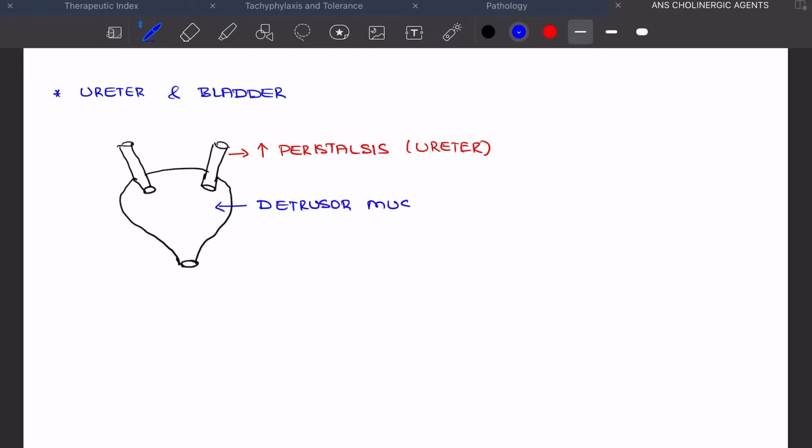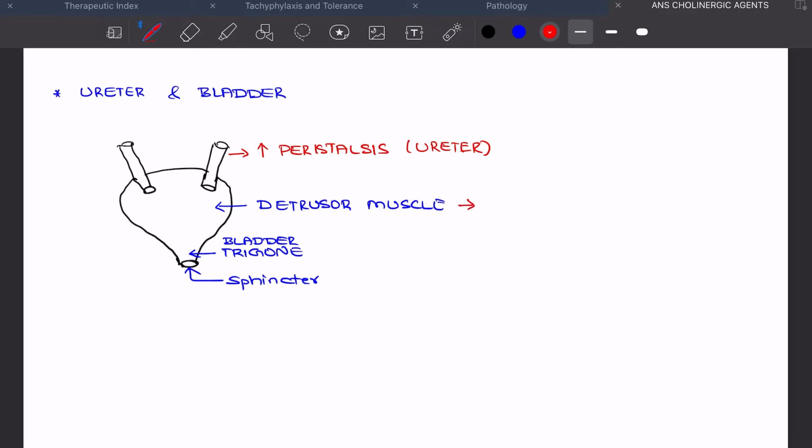Here you have the trigone, that is, the bladder trigone, and you have a sphincter here.